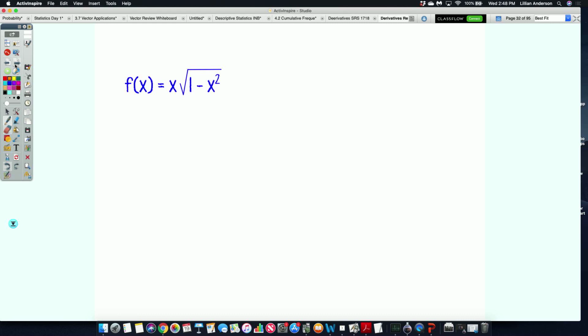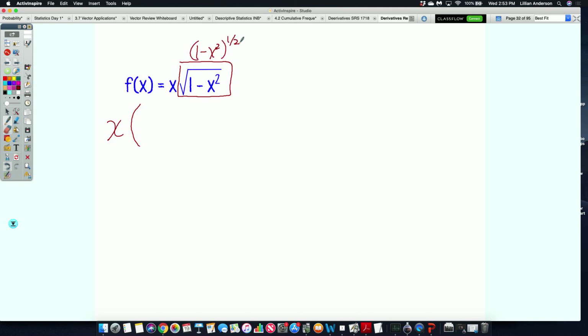Okay, let's do this one. With this particular problem, it wasn't just the product rule, it was also a chain rule. You had your function x, and then you had your function inside the box. So when you did the first times the derivative of the second, the derivative was where the chain was, because this can be written as 1 minus x squared to the 1/2.